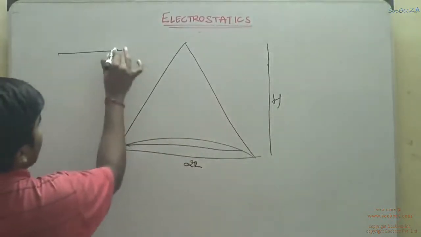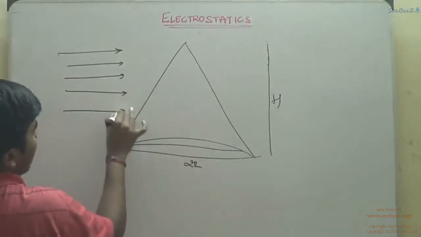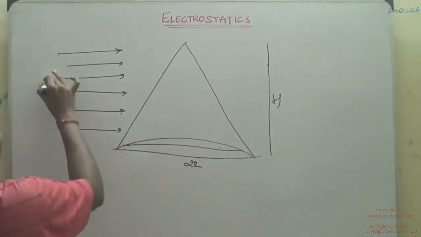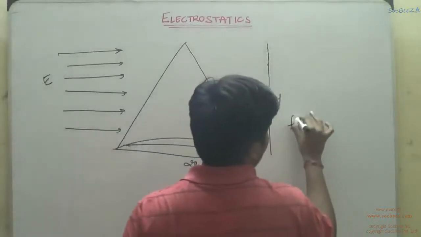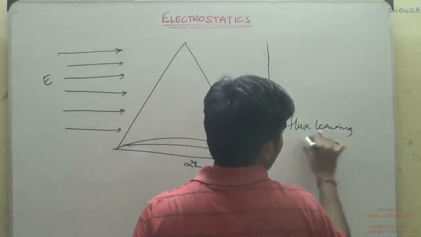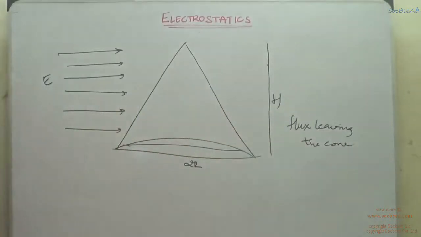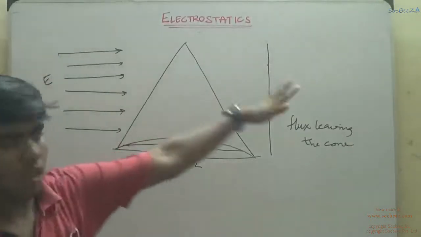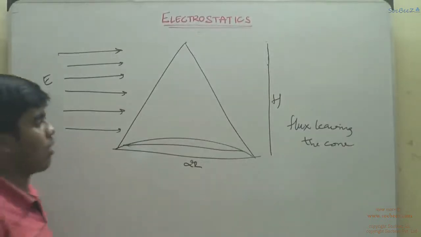Given that the electric field is constant in this direction and is E. Now find out the flux leaving the cone. So here again, the electric field is constant. So what we do is we take a projection of this thing and then find the area of that projection and then multiply the area of projection into the electric field.